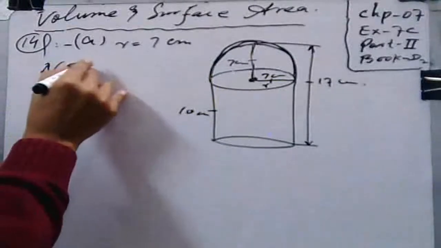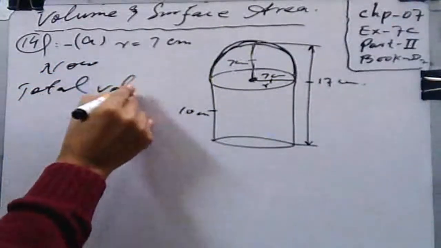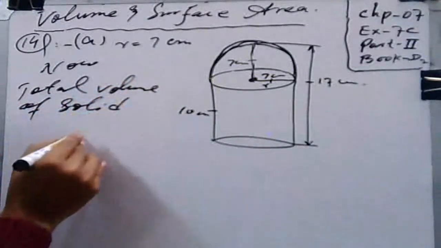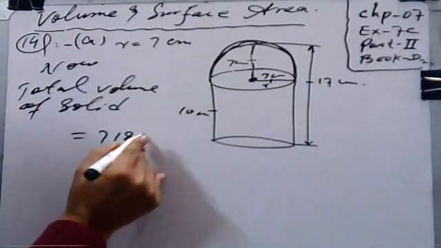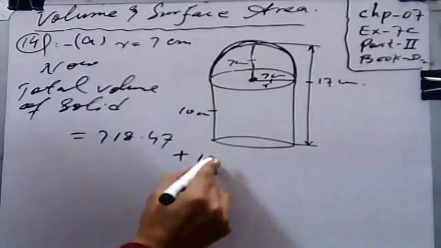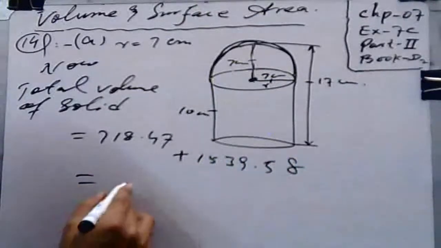Total volume of the solid or given figure is equal to 718.47 plus 1539.58, so you will get 2258.05.